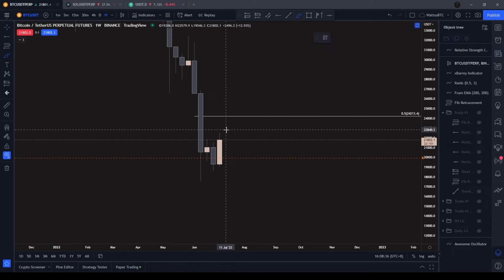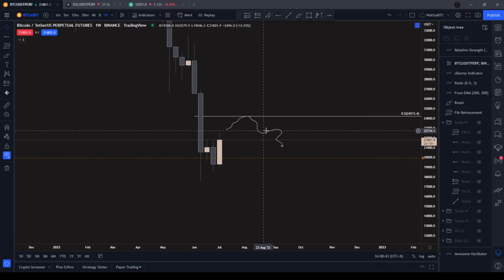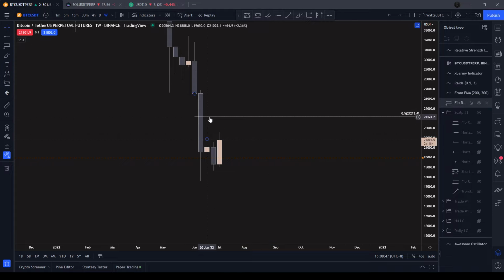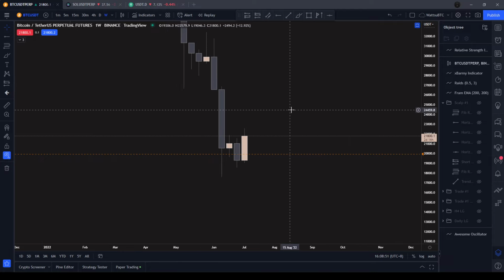So another short area would be 24.2k, just because of this big candle of the liquidity gap of this candle. Okay, that's another level to keep in mind, 24.2k, then 25k.